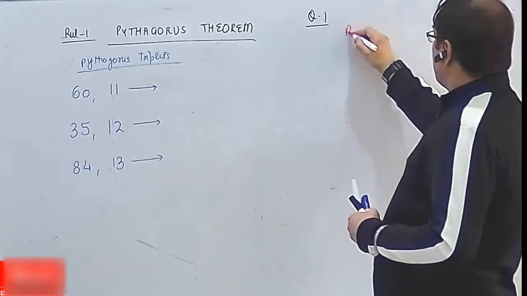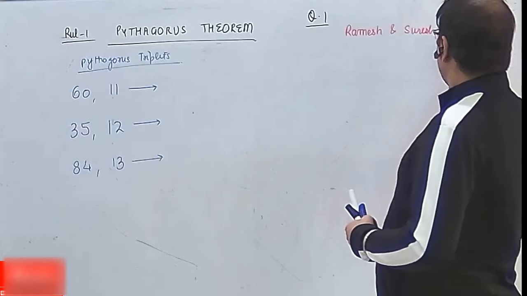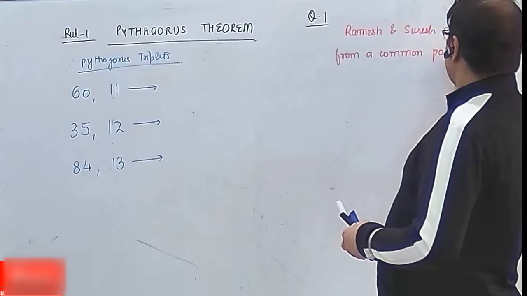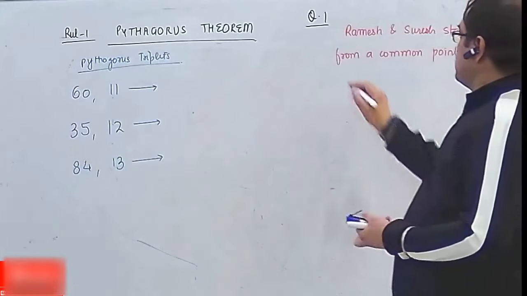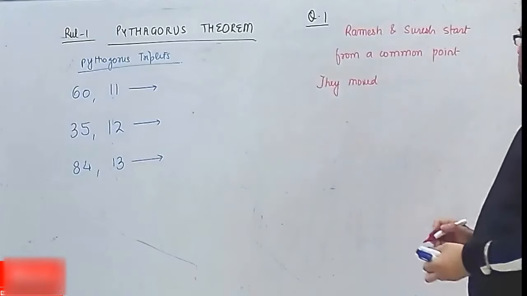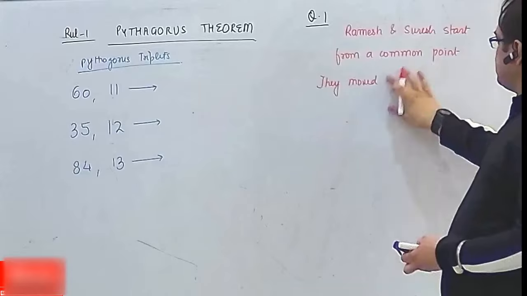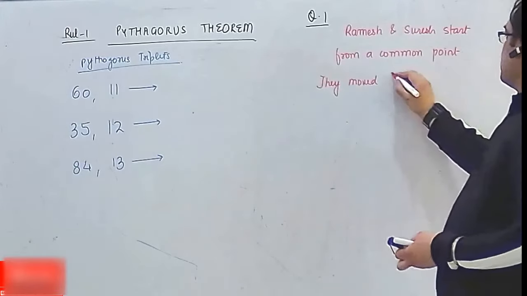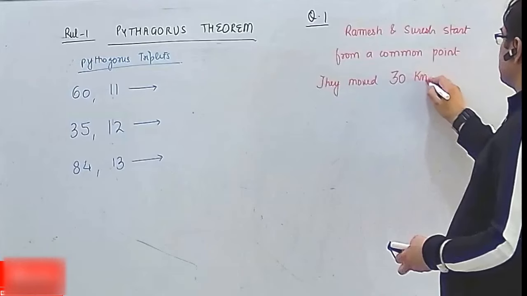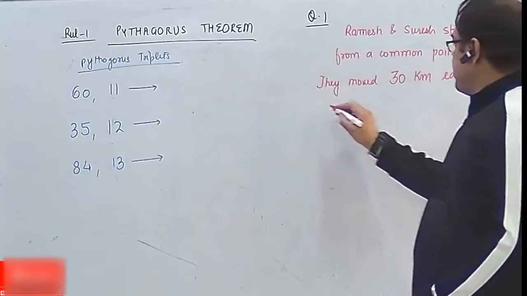Question number 1 is: Ramesh and Suresh start from a common point. They moved 30 kilometers each.